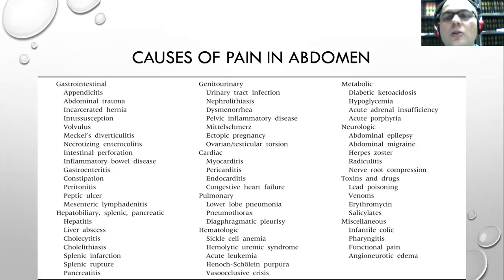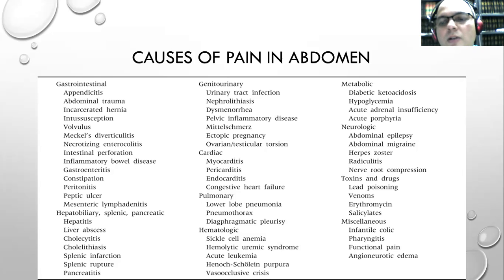We have some neurological disorders which are reflected in abdomen, that includes abdominal epilepsy and abdominal migraine, radiculitis or compression of the nerve root at the spinal level, or we have herpes zoster which can cause pain in abdomen because that specific nerve end is irritated and the same dermatome will give a pain at that organ also. Then toxins and drugs which can lead to pain in abdomen.